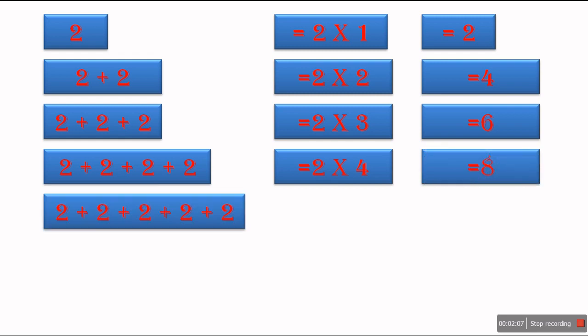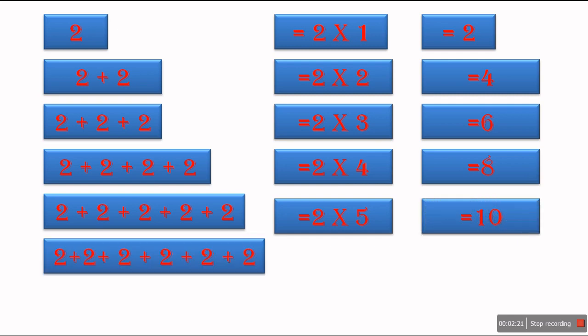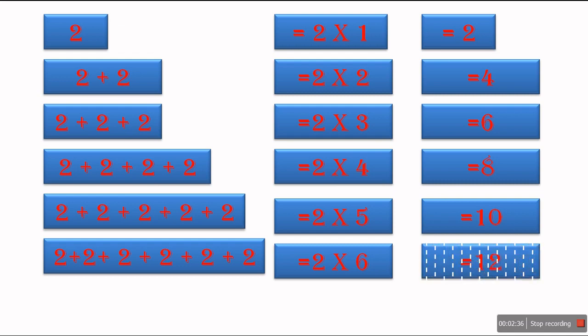If 2 is added 5 times, it means 2 is multiplied by 5, so the answer is 10. If 2 is added 6 times, it is the same thing, 2 into 6, so it is 12.